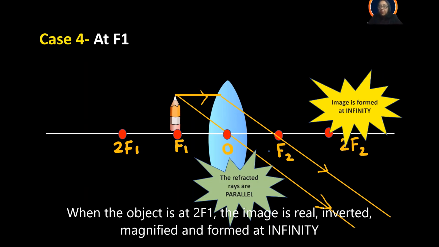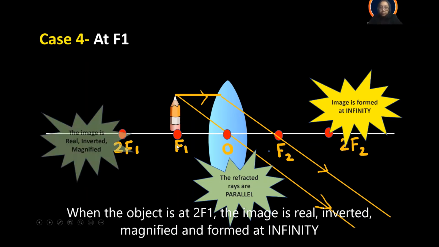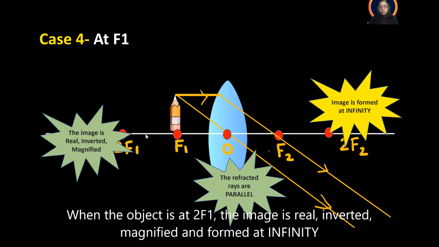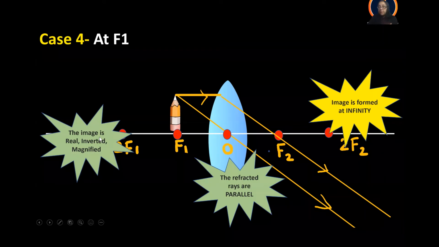So it is formed at infinity when the object is placed at the first focus, that is f1. And the property of the image is that it is real, inverted, and very big in size, so magnified. The image is formed at infinity when the object is placed at f1.